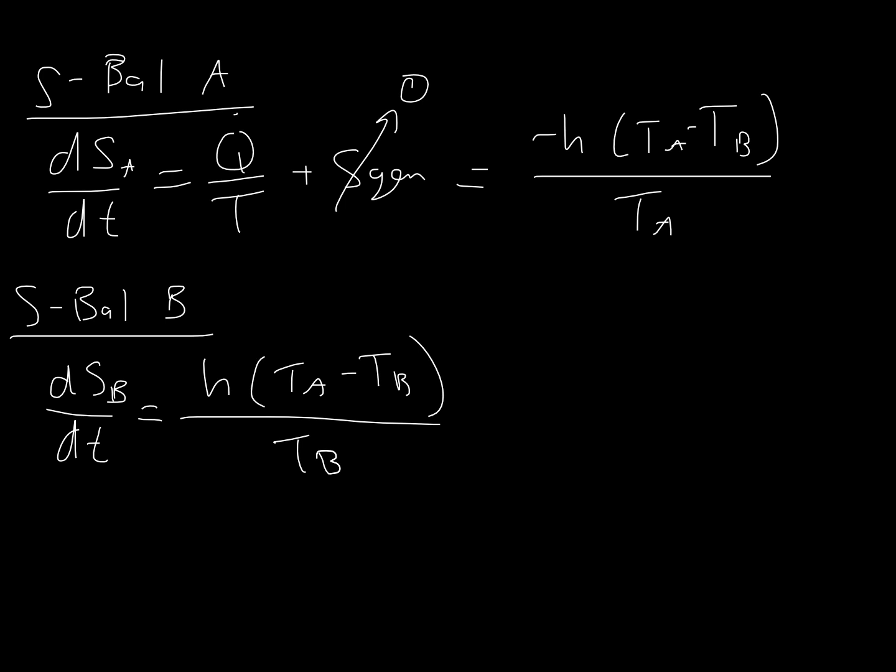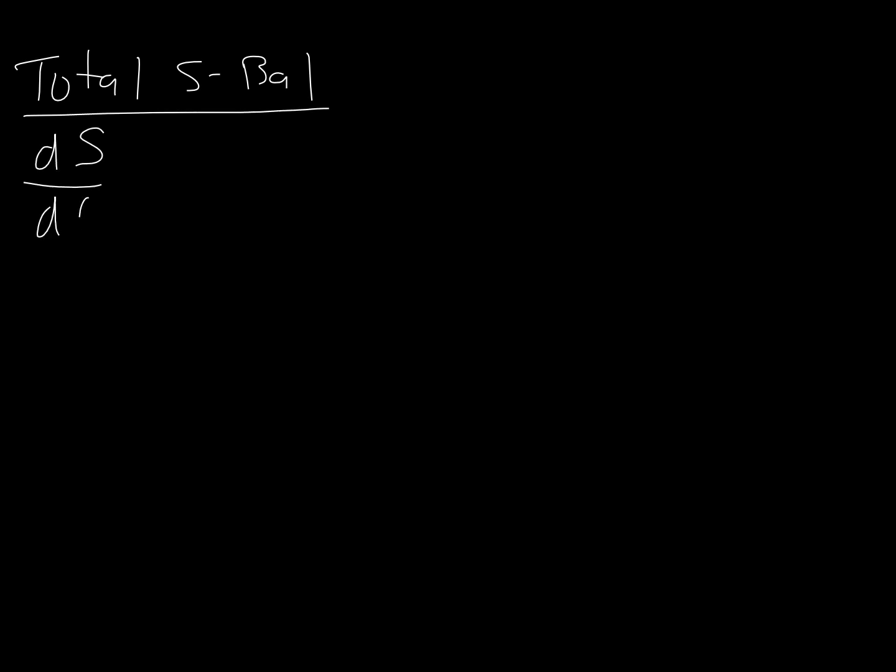So now, next step is we'll do a total entropy balance. dS/dt, the total change in entropy of the system, is going to be equal to Q dot over T plus S gen.